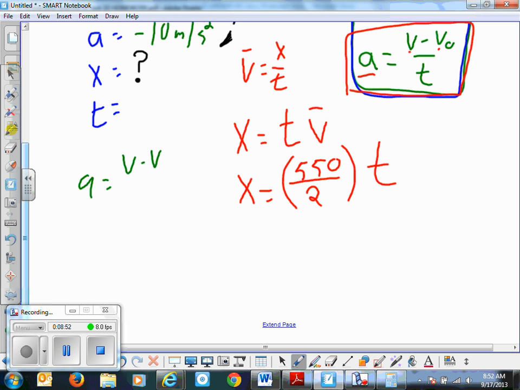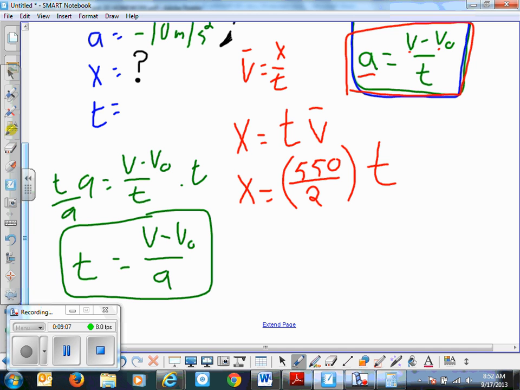Acceleration is v minus v sub naught divided by t. Multiply both sides by t. Divide both sides by a then. So time is equal to v minus v sub naught divided by a. Do you agree with that? Can you do that algebra? Because I don't want you to be memorizing that formula. Do you have any question on what I do with the algebra?